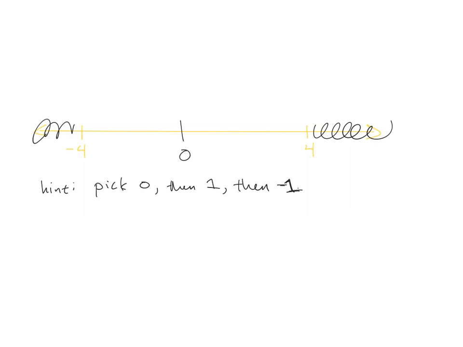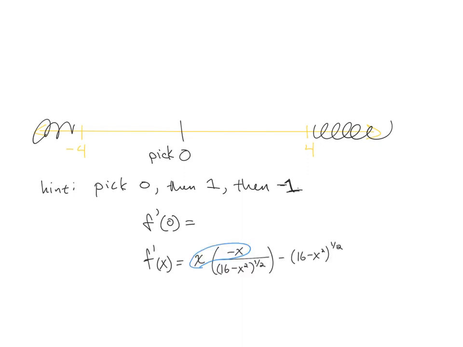Now, if we find f prime of 0 from the function on the last page, which is brought over here for your convenience, with the correct sign, I promise. When you substitute 0 into this derivative, you'll notice that the first term just becomes 0 because you have a 0 in the top of a fraction.